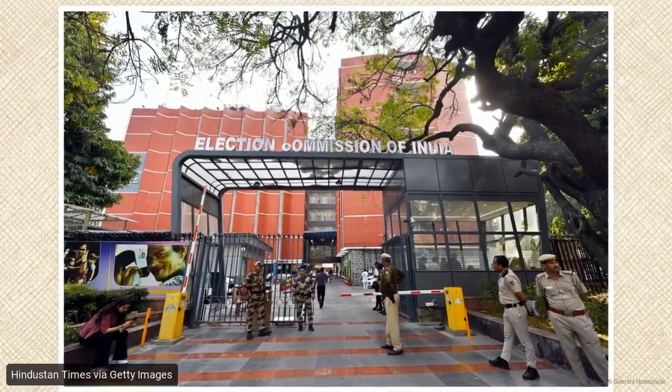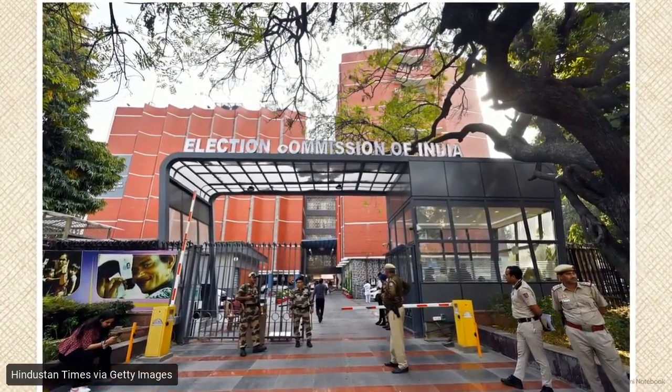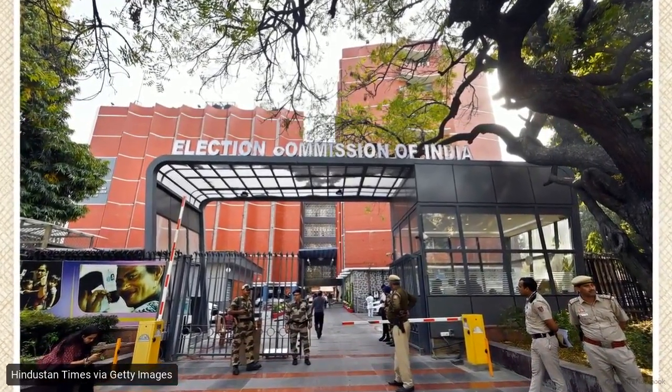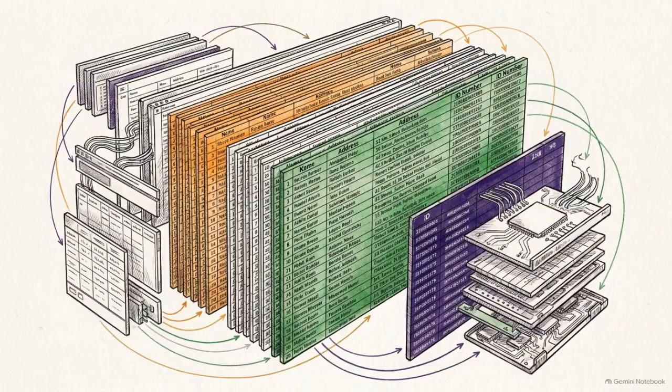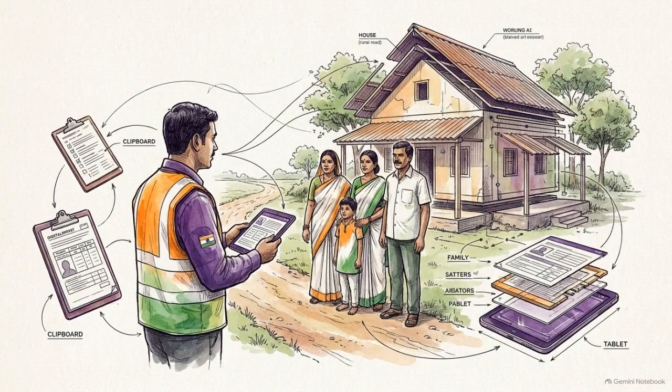Executing these laws and processing these numbers falls to a single constitutionally autonomous institution, the Election Commission of India. The Commission's immediate logistical hurdle is maintaining the voter roll. Through a process called Special Intensive Revision, they deploy official enumerators to actively update, verify, and cleanse the database of eligible voters across the country.